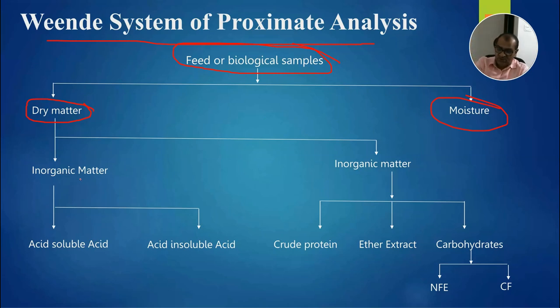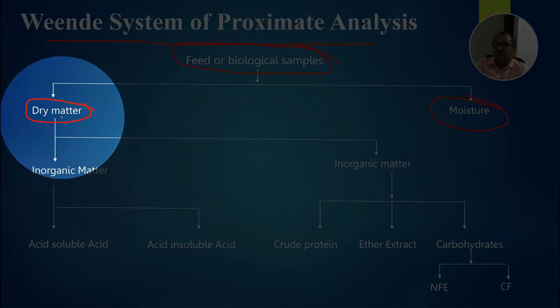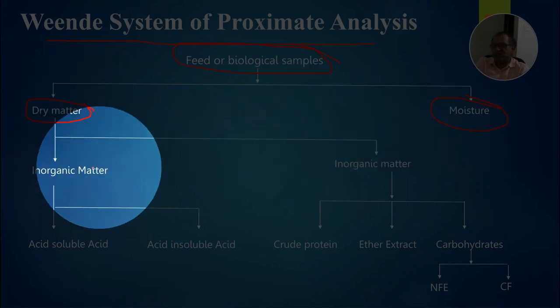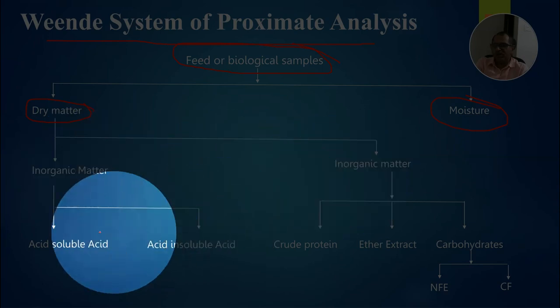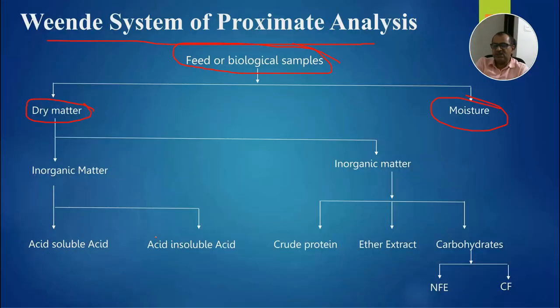Dry matter and moisture, then organic matter and inorganic matter, then acid insoluble ash and acid soluble ash. The organic matter is divided into crude protein, ether extract, carbohydrates, which is nitrogen free extract, and crude fiber.